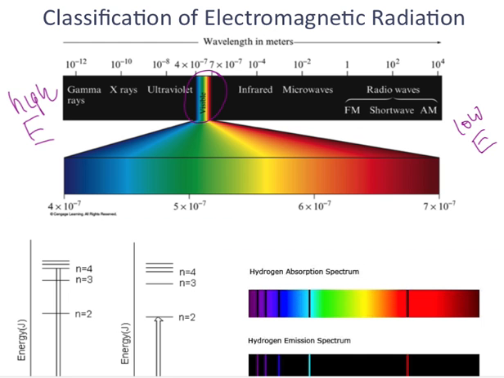Starting from low energy, radio waves are low, and then we go to microwaves, and then infrared rays right before the visible spectrum, which makes sense because what's the first color of the visible spectrum? Red. So your Roy G. Biv goes this direction, and so infrared is before red, right? And then we get orange, yellow, green, blue, violet.